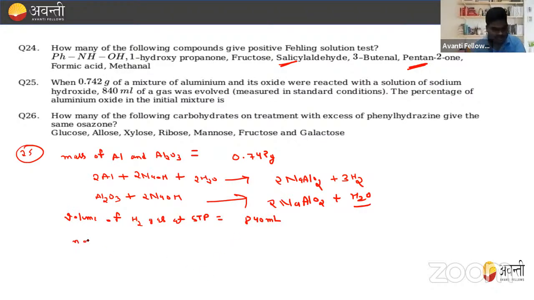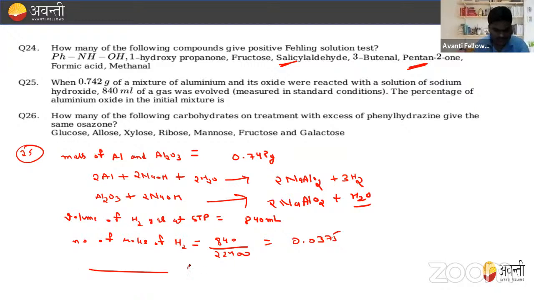So the number of moles of H2 is 840 divided by 22,400. You'll get 0.0375. Similarly, the number of moles of Al is 2 by 3 into 0.0375, so it comes out to be 0.025.